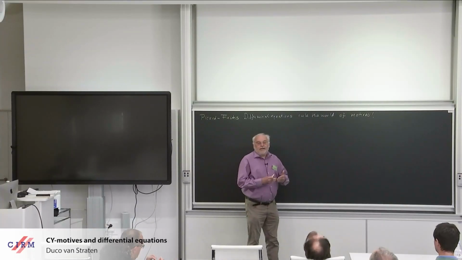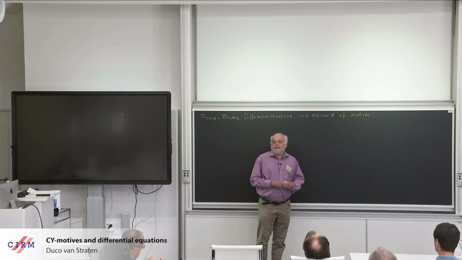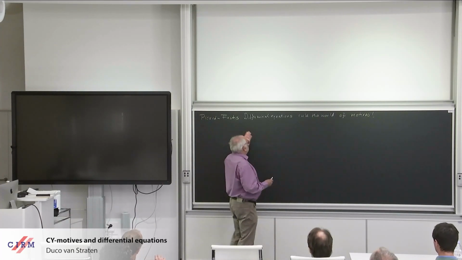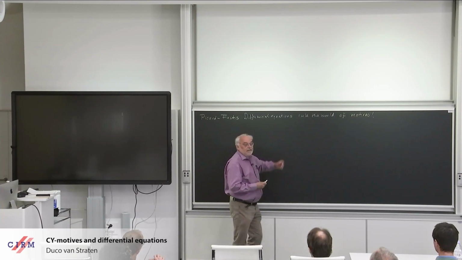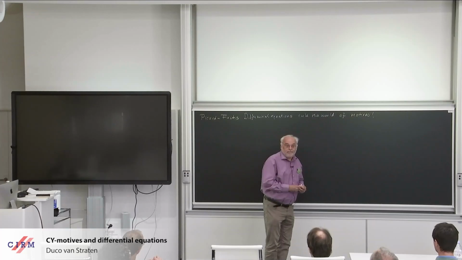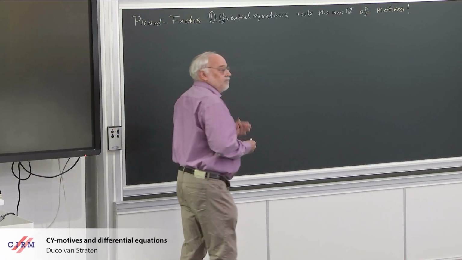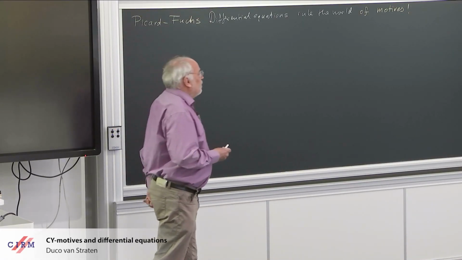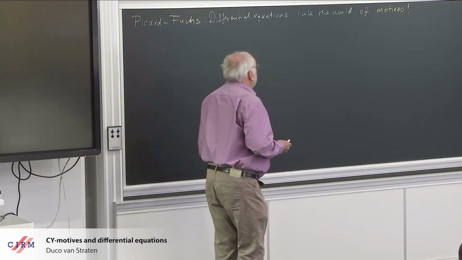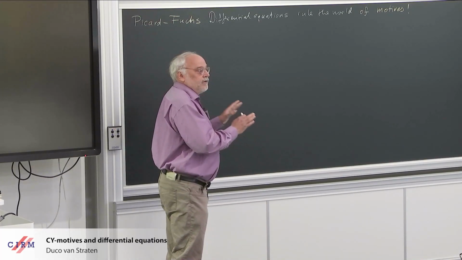And of this class of examples, I look at the arithmetic properties, and I find that these are determined by the differential equation. So that will be my story of today and Friday, and we'll try to highlight different aspects.